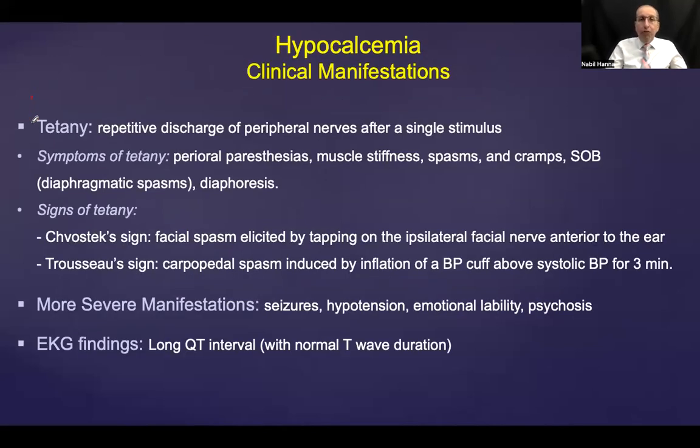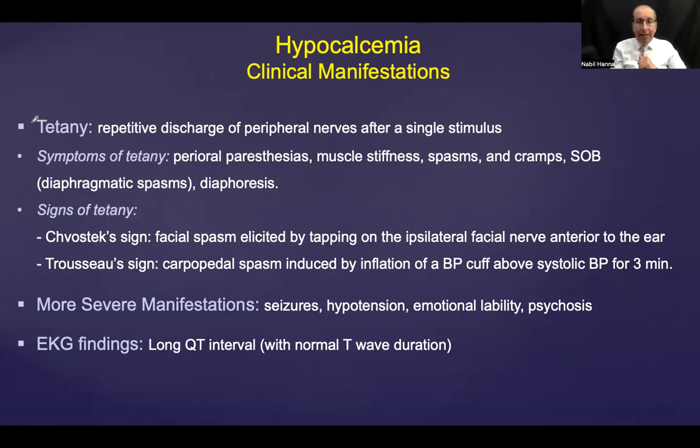Okay, now let's move to hypocalcemia. Remember, when calcium goes down, it takes the threshold potential down. So when you have hypocalcemia, the threshold membrane potential is less, and the shelf becomes closer to the bed. Whenever the shelf and bed come closer, what happens to excitability?